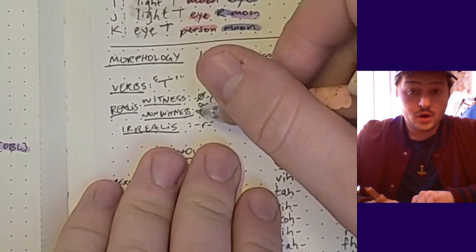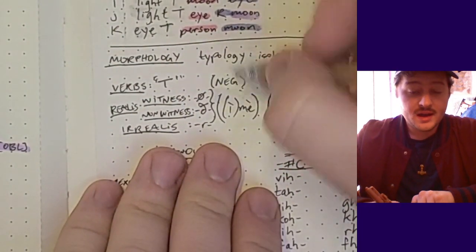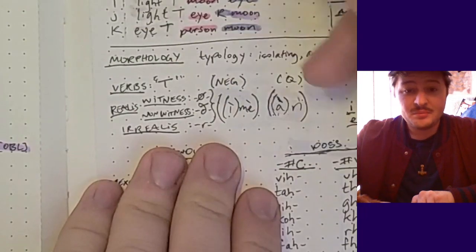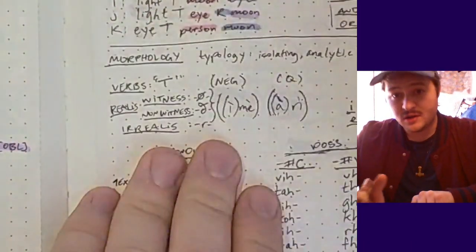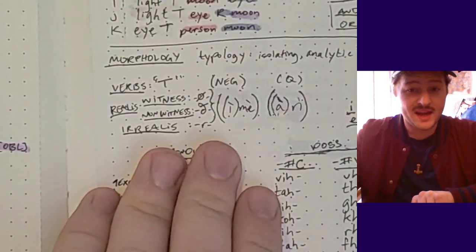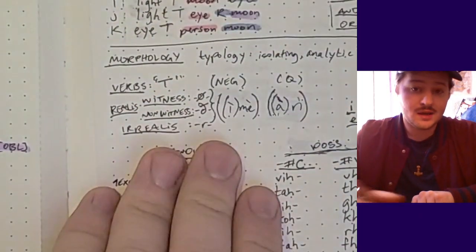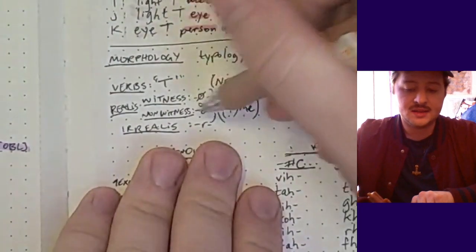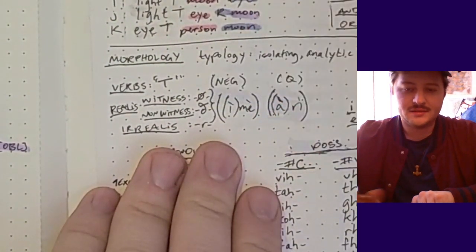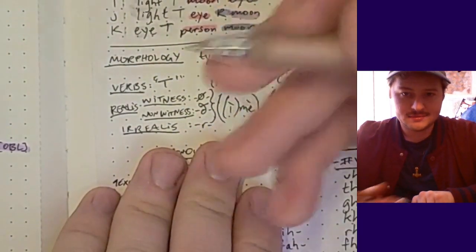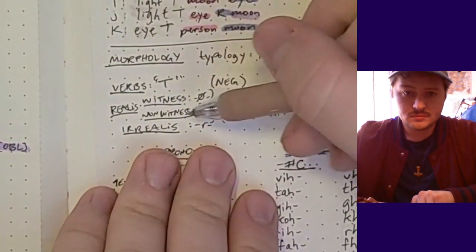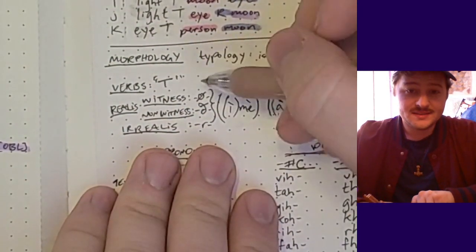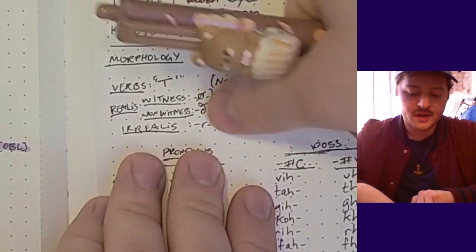Non-witness is that you heard about it, you read about it somewhere, someone told you, but you don't have the direct evidence. It's like, apparently I've heard that this is true, or I read that this is true, or apparently some people say that this is true, but I don't have the exact evidence for it. And the realis witness is the default, so there's just no marking on the verb.